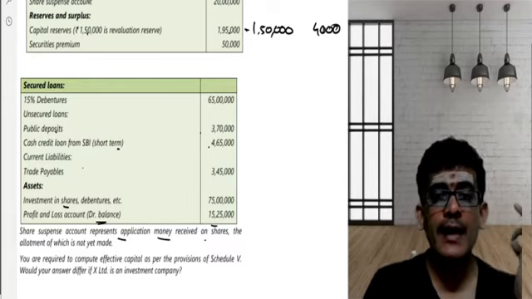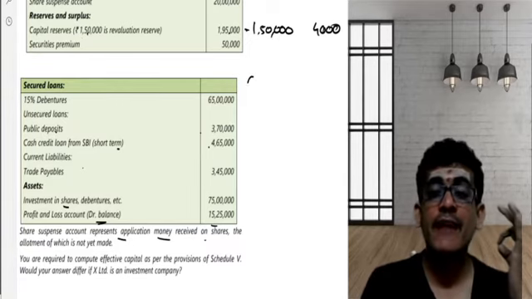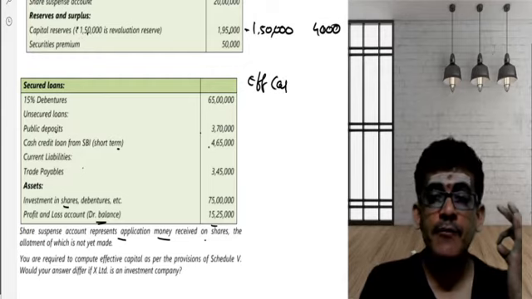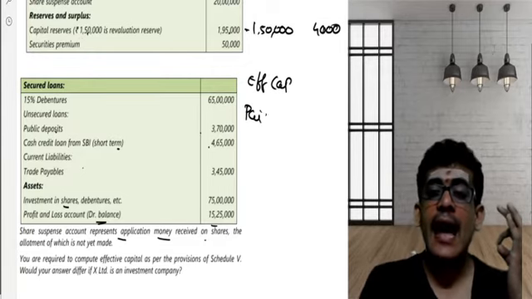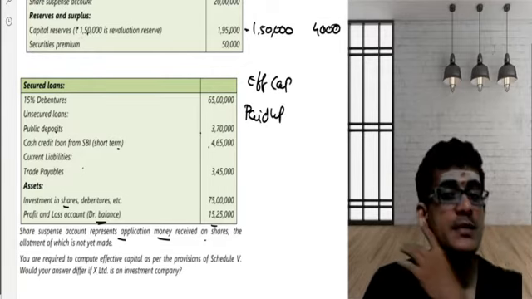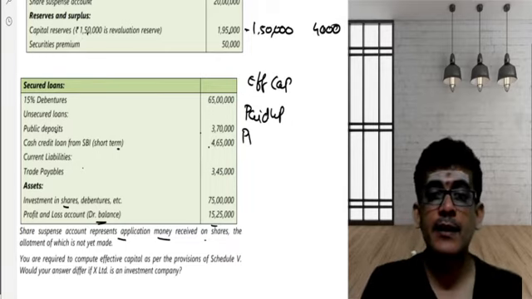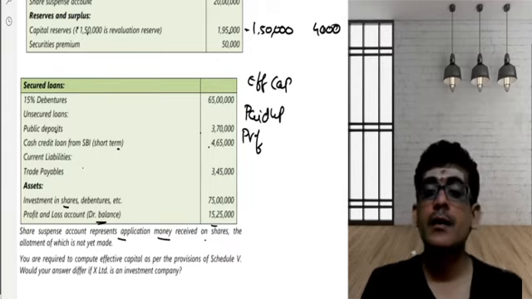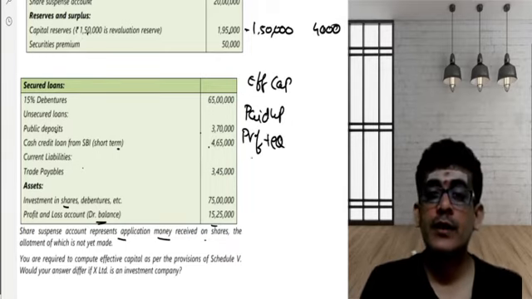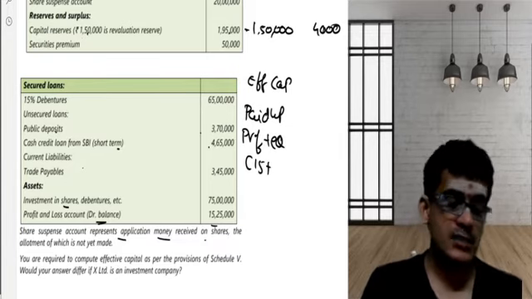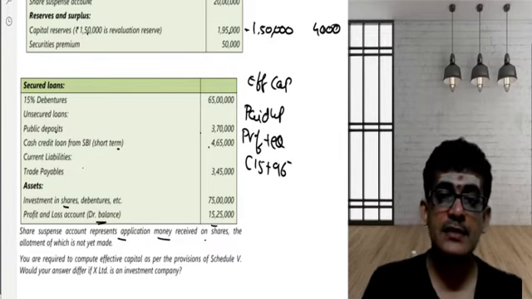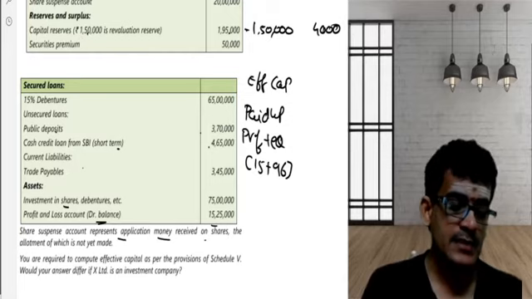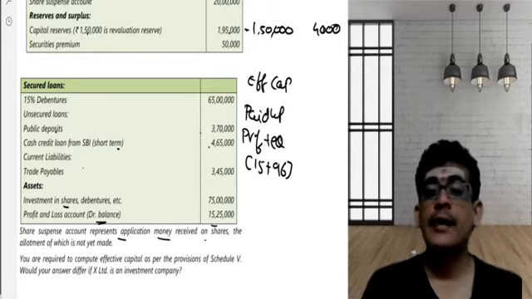Now, if we go back and discuss how we calculate our effective capital, what we have discussed is the aggregate paid up capital. What is the meaning of aggregate paid up capital? Preference plus equity. 15 lakhs plus 96 lakhs is the aggregate.